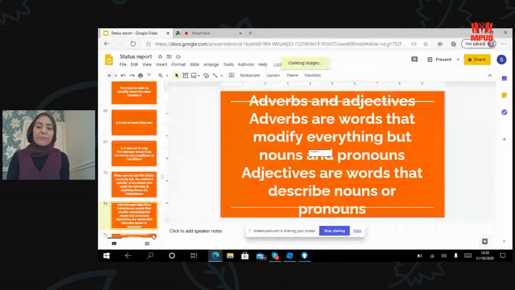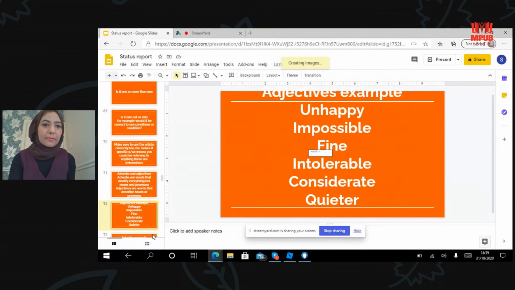Adverbs and adjectives. So adverbs are words that modify everything apart from nouns and pronouns. And adjectives are words that describe nouns or pronouns. So let's look at some examples from my letter, some adjective examples.